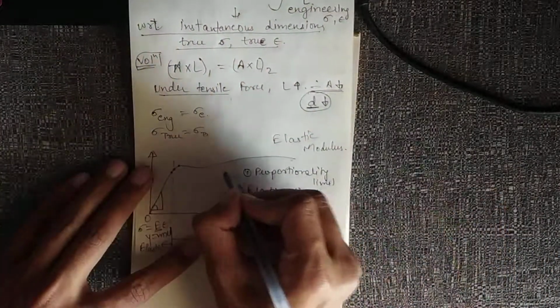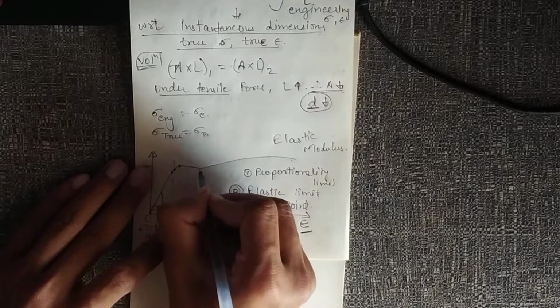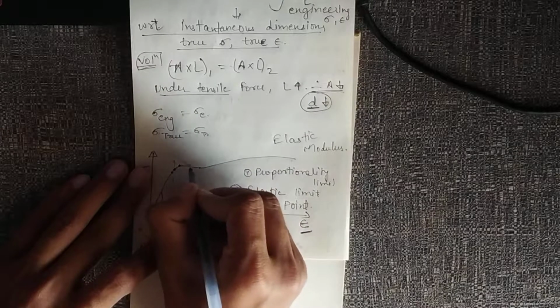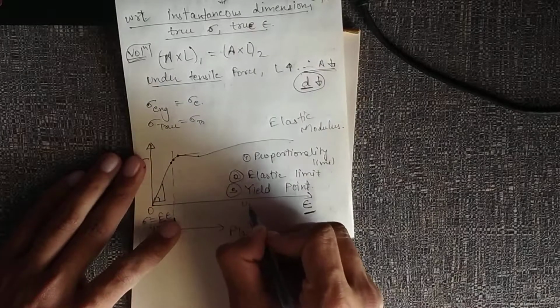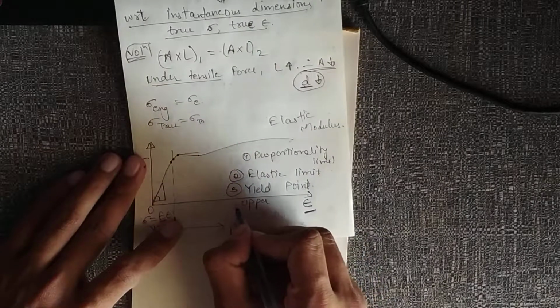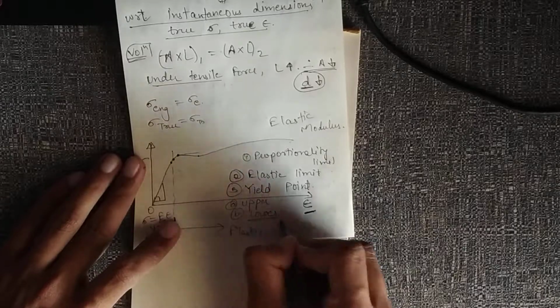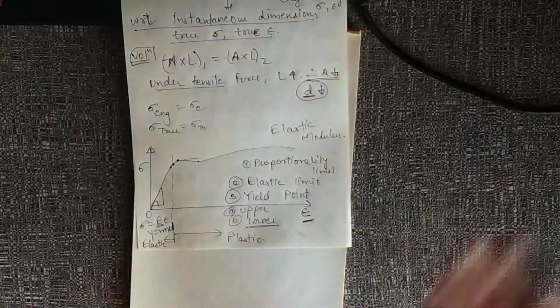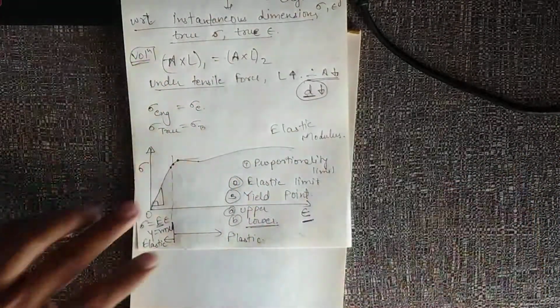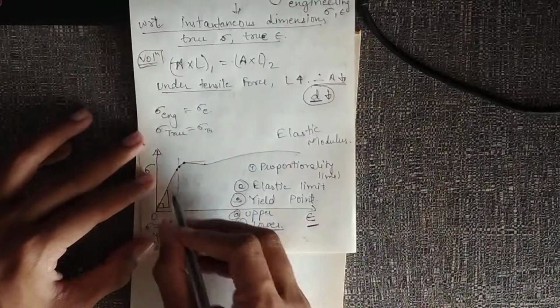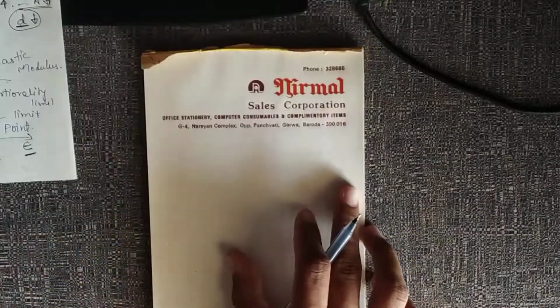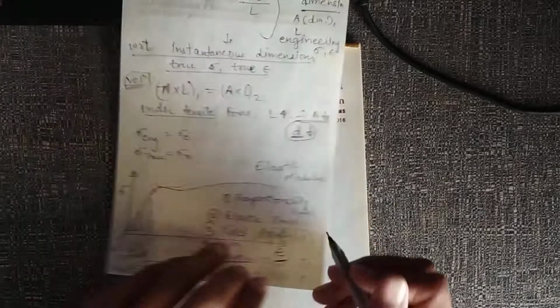Then there could be multiple yield points. One would be an upper yield point and a lower yield point. Generally we take the lower yield point as the yield point, and sometimes yield points are not visible in such graphs. So let me complete this.